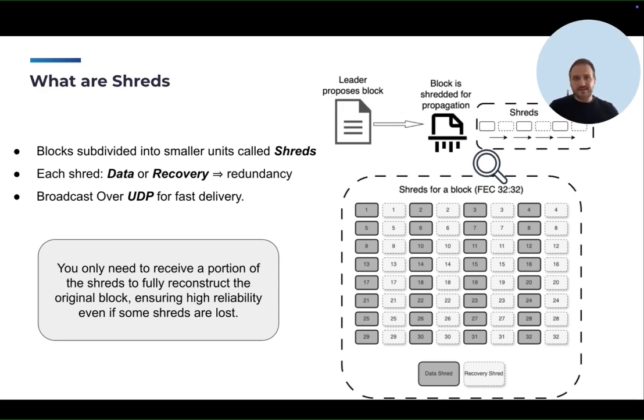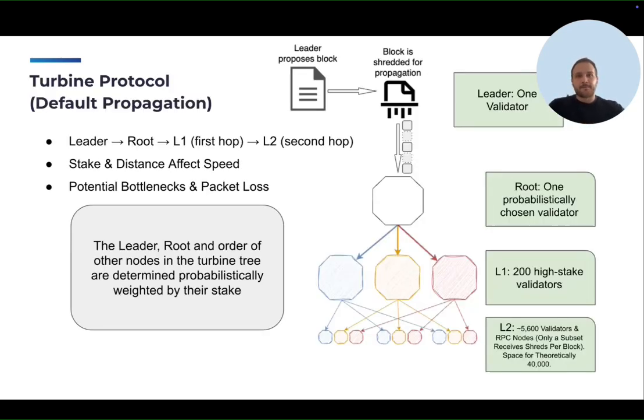And this is done using a very smart mechanism where it ensures high reliability. So even if certain shreds get lost along the way, there are recovery shreds, and you're essentially able to reconstruct the block once you've received a certain amount of these.